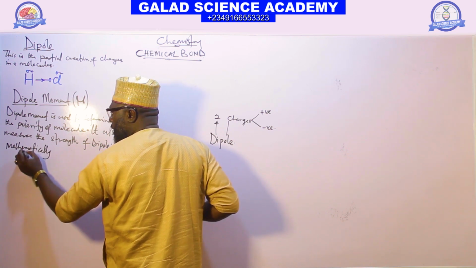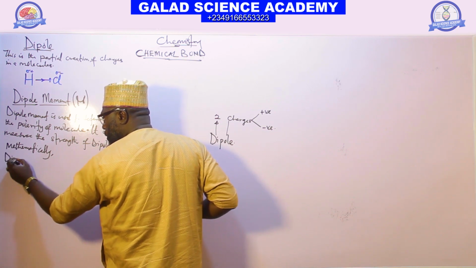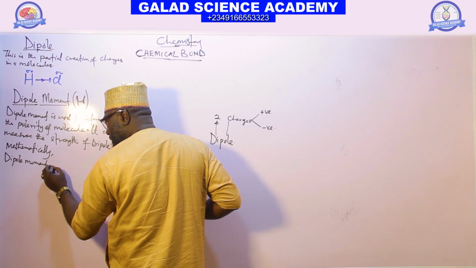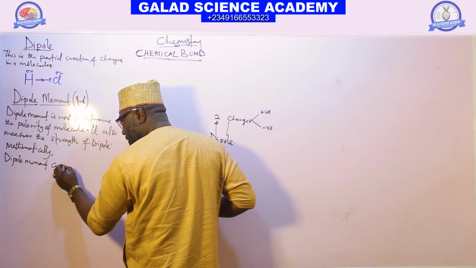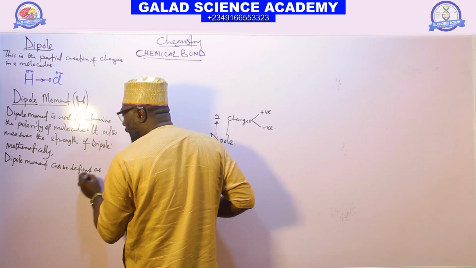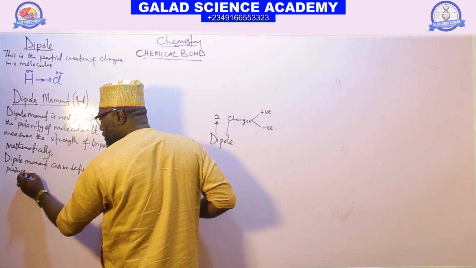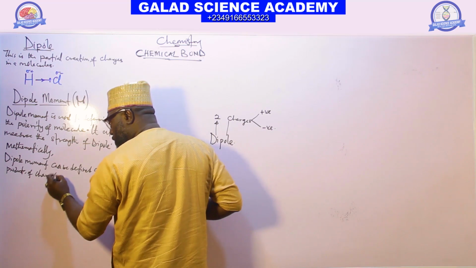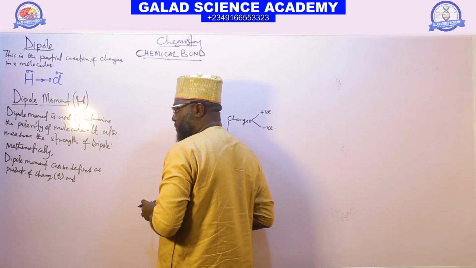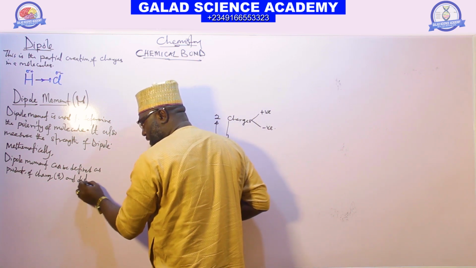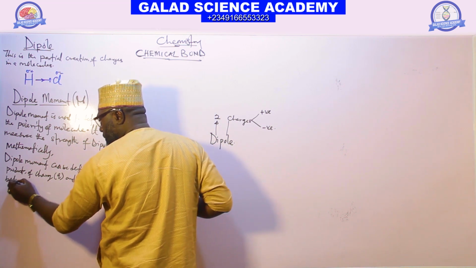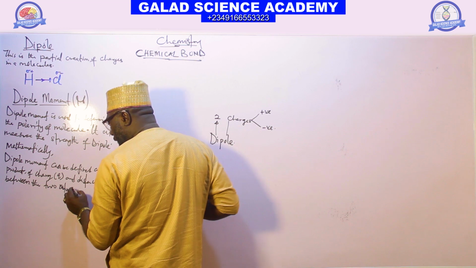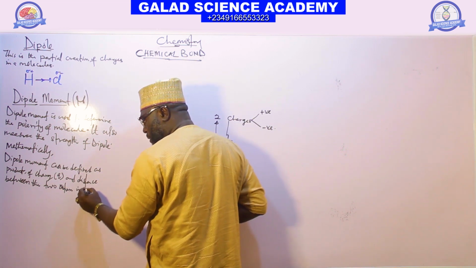So mathematically, you can also define dipole moment as the product of charge, which is Q, and the distance between the two atoms in the molecule.